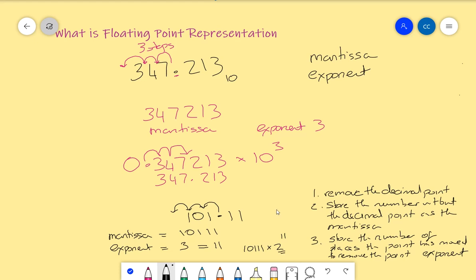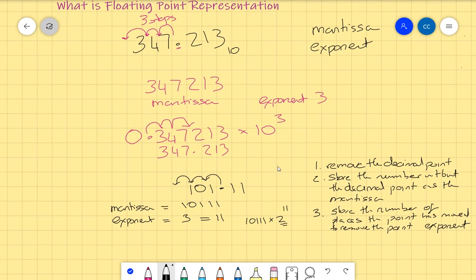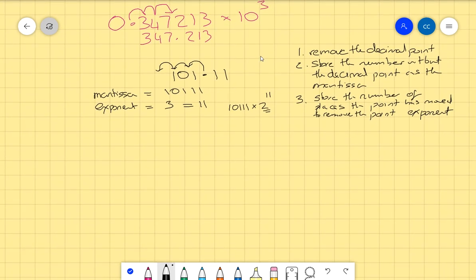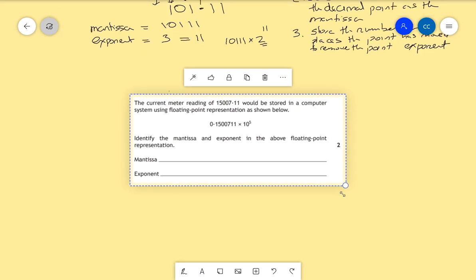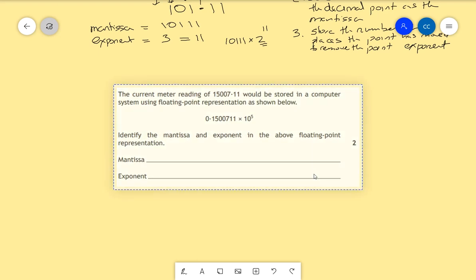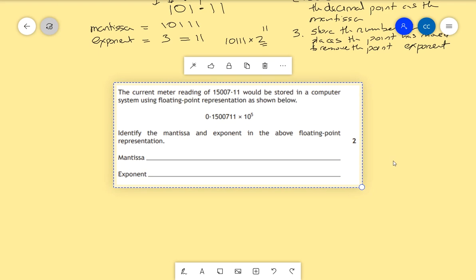Let's have a look at the type of questions you might face regarding floating point representation of real numbers in a computer system. Here is a typical question that you might face in your exam. It says the current meter reading of 15007.11 would be stored in a computer system using floating point representation as shown below as 0.1500711 times 10 to the power 5.